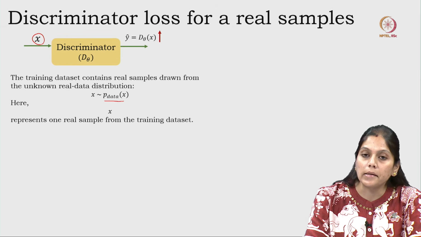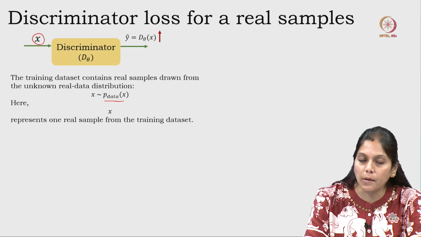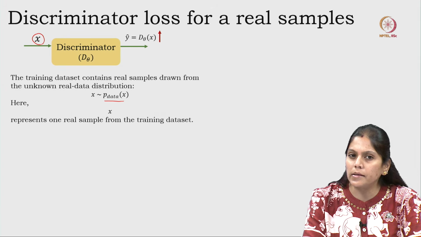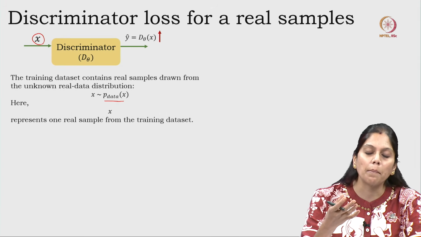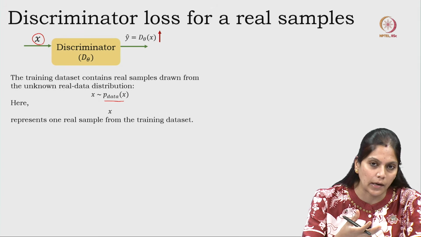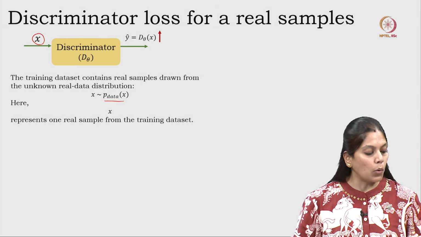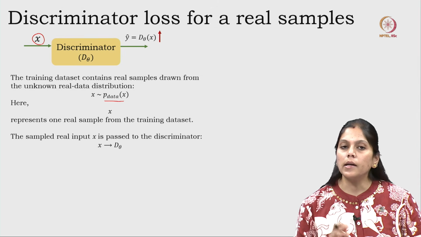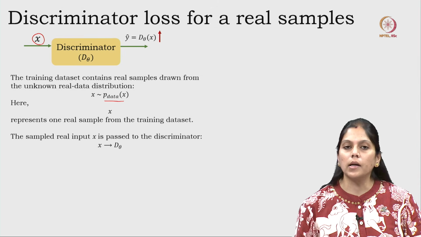So, x is sampled from this distribution. What is the meaning of x is sampled? We are taking some samples from the real data set, and then we are passing the data to a discriminator.